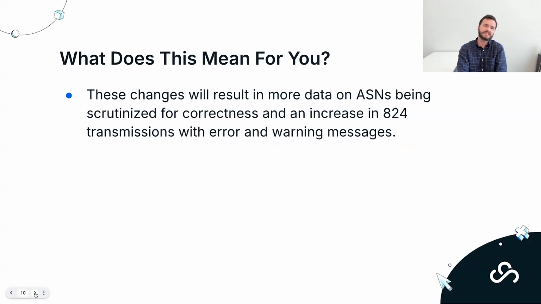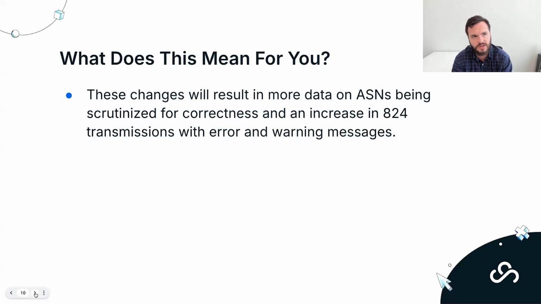Basically, it means more data. It means another app in Retail Link that you need to be monitoring more carefully. So it will probably, unfortunately, also mean an increase in 824 transmissions with error and warning messages. Another metric to keep your eye on, to be checking the pulse on pretty regularly.